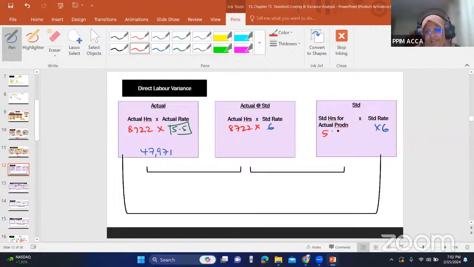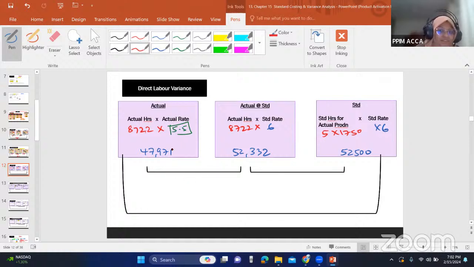Standard hours is 5. Actual production is 1,750. Okay. So now we can take totals. 8,722 into 6 will be 52,332. Standards here it's 5 into 1,750 into 6. It will be 52,500. Okay.